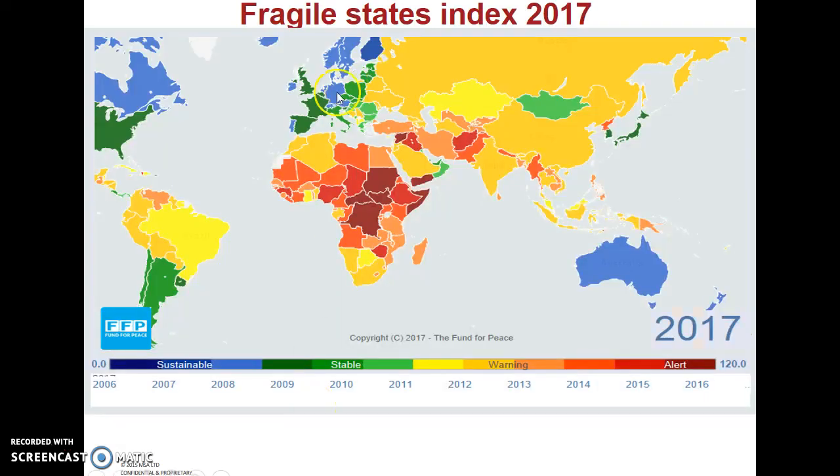One way to really understand failed states is the Fragile State Index. It is useful for you in order to understand failed states or failing states in the international system.